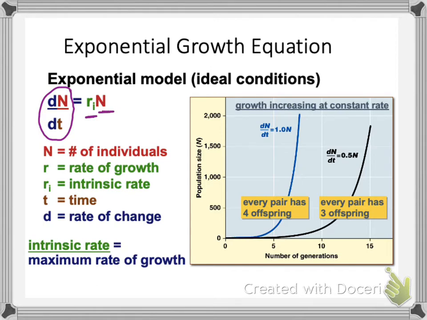Okay, so here we can see these ideal model populations where we have different rates of growth. We have a growth rate of 1 initially, and then we have a growth rate of 0.5, and you can see that is essentially changing the slope of our graph, and how quickly it rises. Okay, the faster the growth rate, the higher the population size over time.